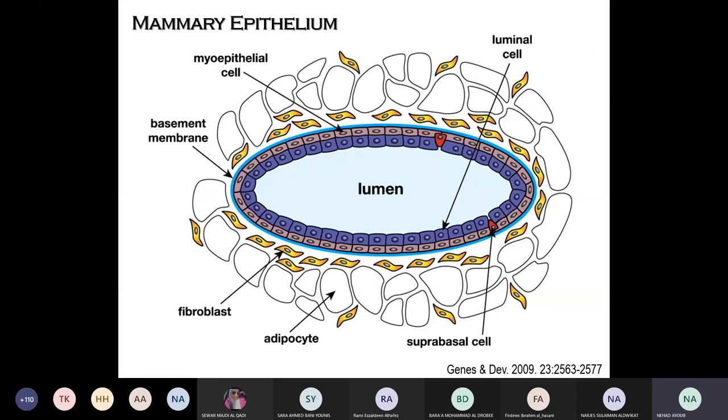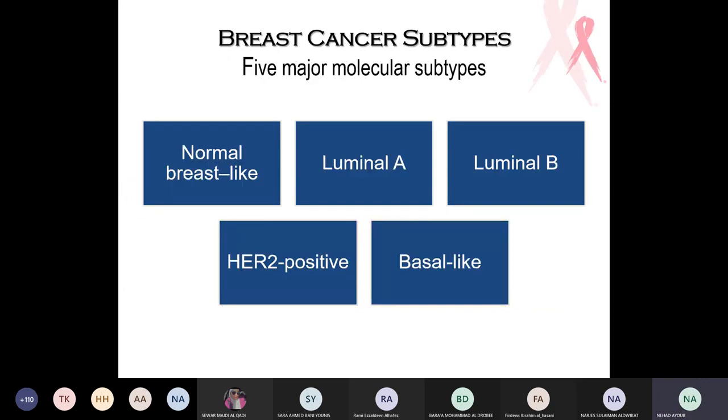This means the abnormal cell that transformed is an epithelium. Eventually the epithelium changes, becomes cancerous, starts to grow and proliferate, and it might invade through the surroundings and we end up with breast cancer.